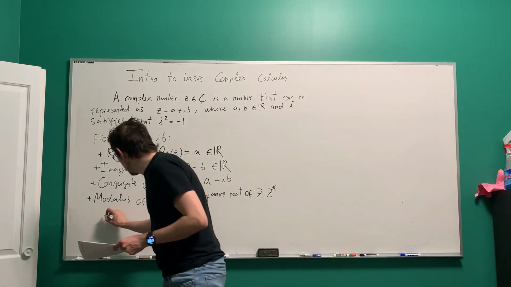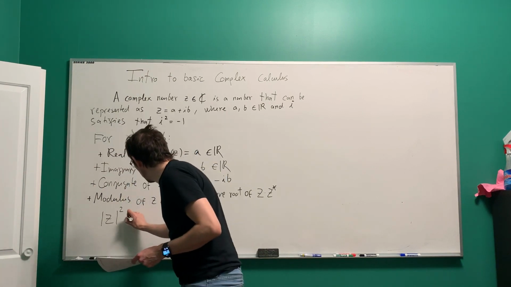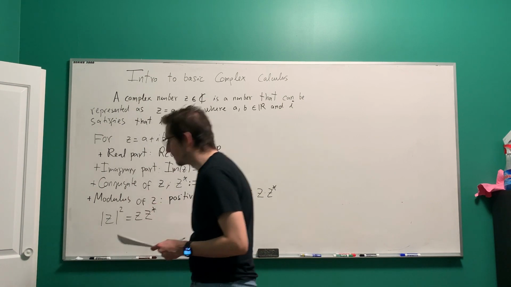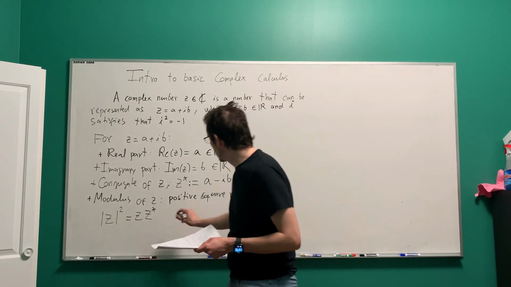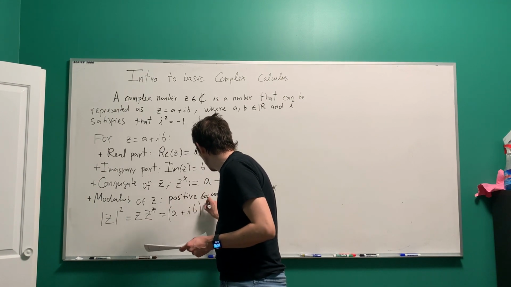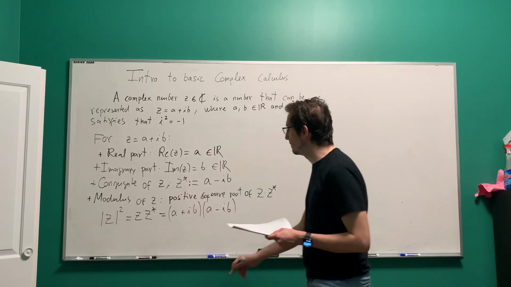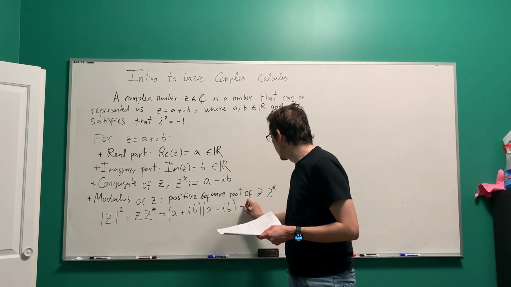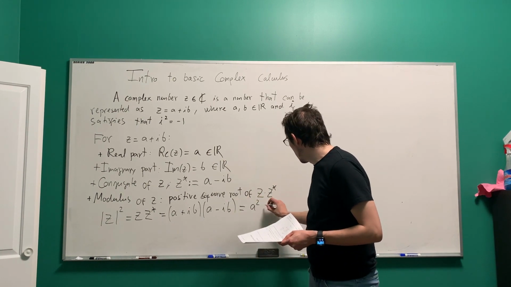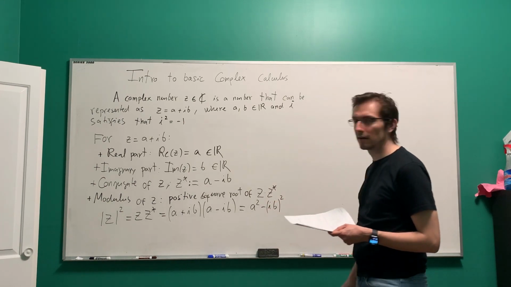Now, of course, the modulus of z squared is z times z star, right? And then of course that means that this is a plus ib times a minus ib. Okay? If we expand this product, we get a squared, then we get minus ib squared, right?